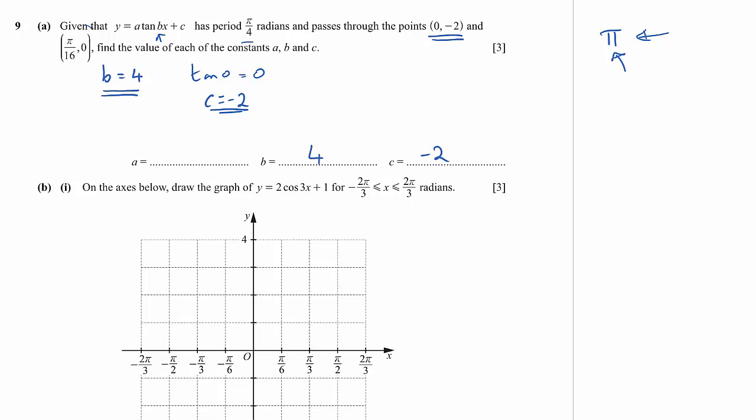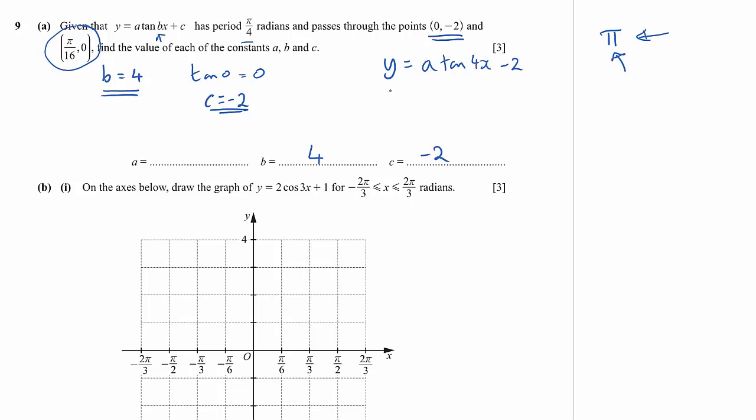So we've got this point left, (pi by 16, 0). And so far we have a tan 4x take away 2.